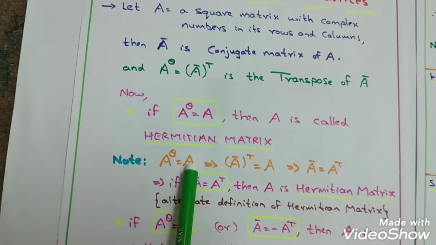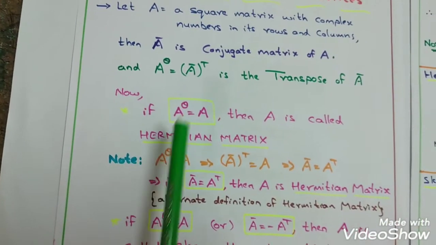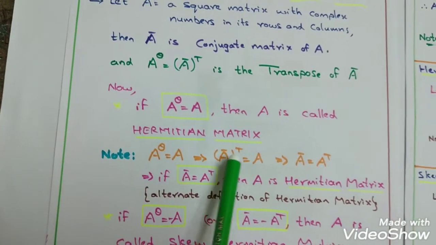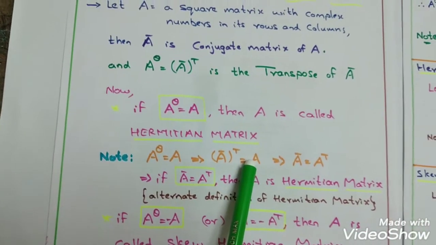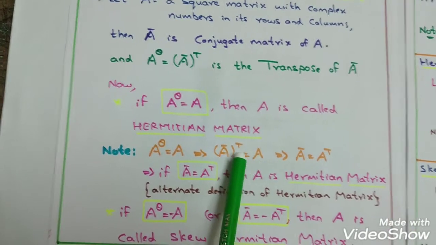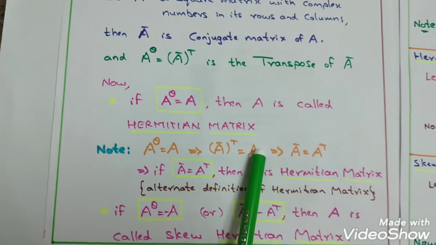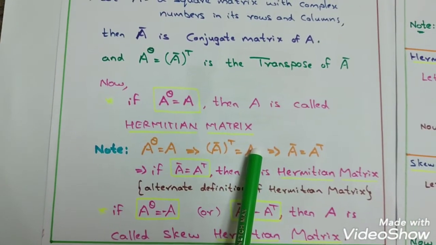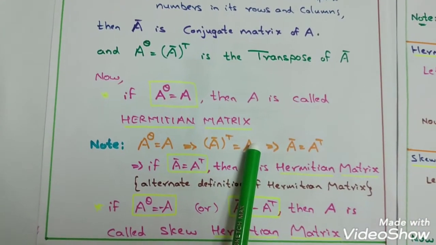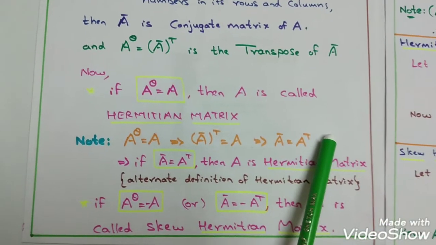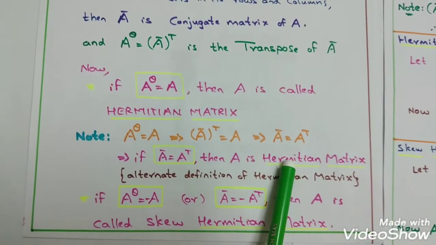A theta equal to A means A bar whole transpose equals A. Now applying transpose, this becomes A bar, this becomes A transpose. Means the alternate definition of Hermitian is: if the conjugate matrix is equal to A transpose, then also A is called Hermitian.